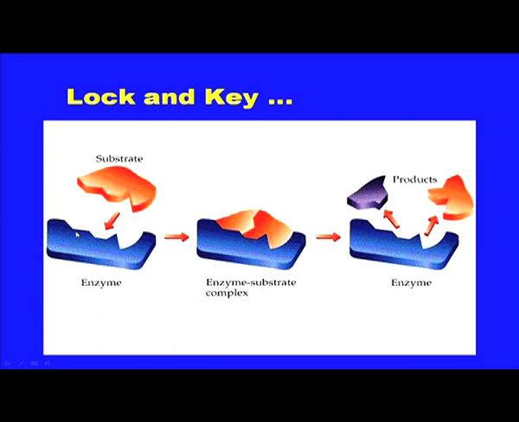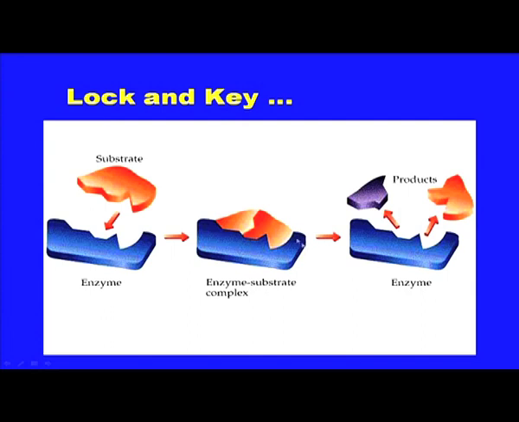So when the substrate binds to the enzyme, producing the enzyme substrate complex at first, you see that these groups are not seen now. It is just like an overall combined thing.